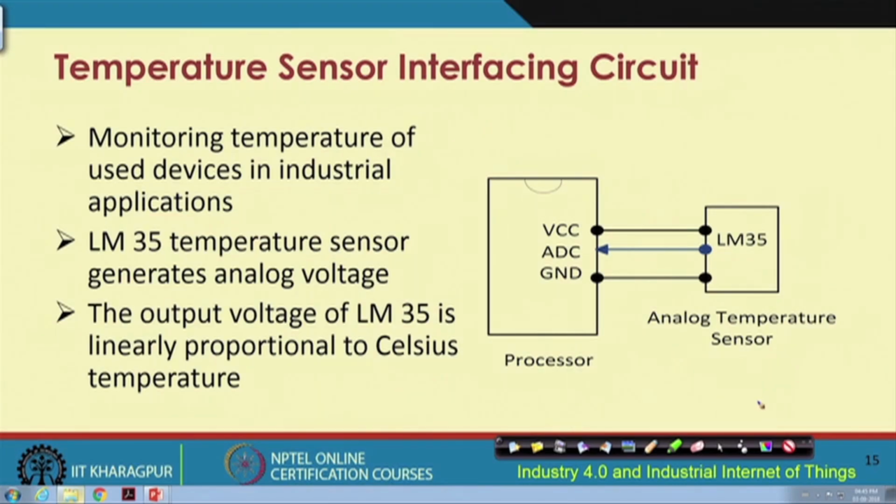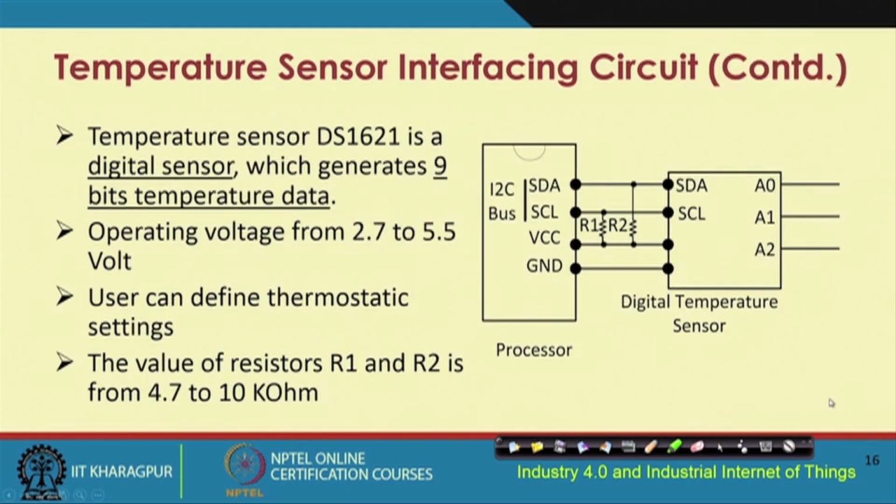So, we will go back and we will proceed further. As I was telling you, temperature sensors are very important. I have shown you an analog temperature sensor, but we could also have digital temperature sensors.